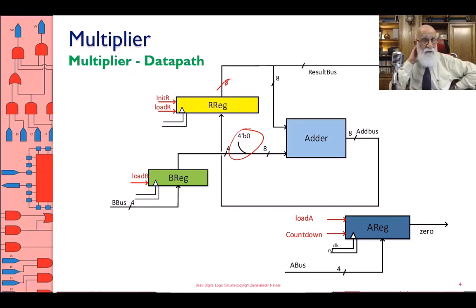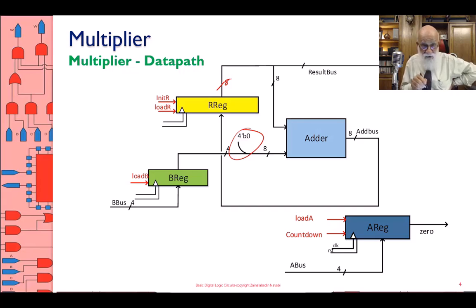That 8-bit result gets clocked into the product register, the result register. And so that's that path. I'll come back to the control signals in a few seconds.